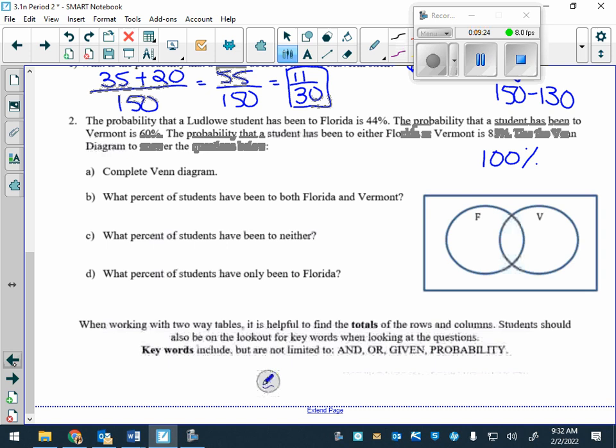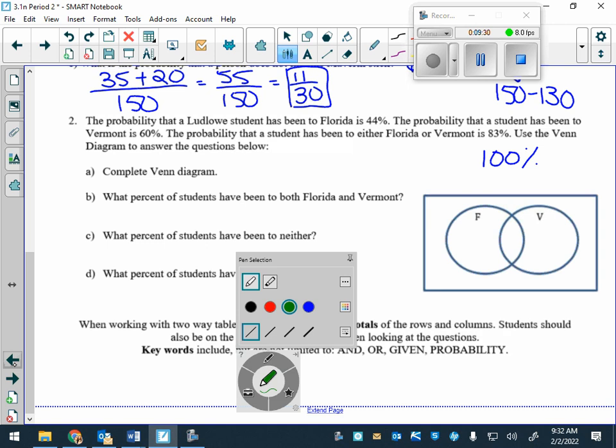Okay, so what that looks like, what do we know based off of this? We know the probability of Florida is 44%. So we know eventually this whole circle is going to equal 44.